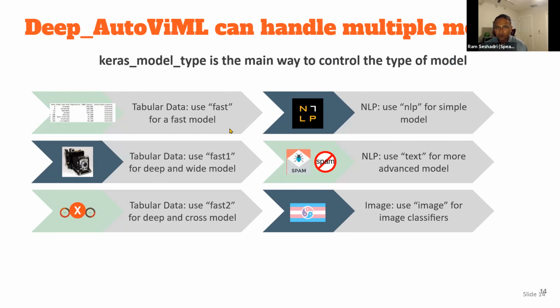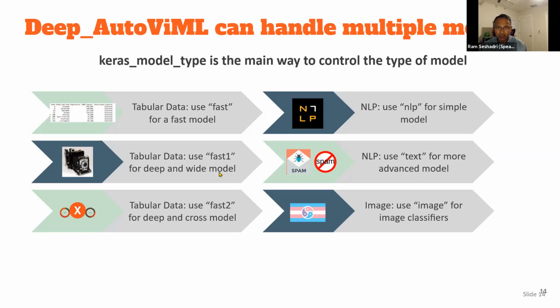If you want a slightly better performing model architecture, try to use FAST1. It's a deep and wide model that uses both a deep layer and a wide layer. You can Google it, and you can find that it's one of the most performant model architectures out there. And this will provide you a slightly more performant model.